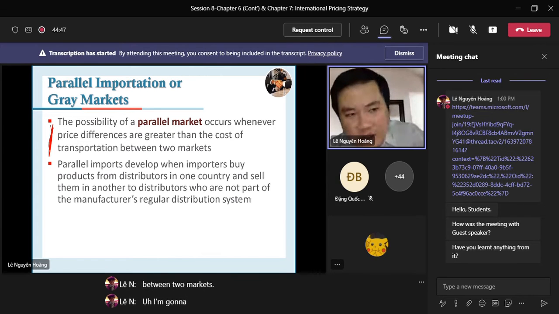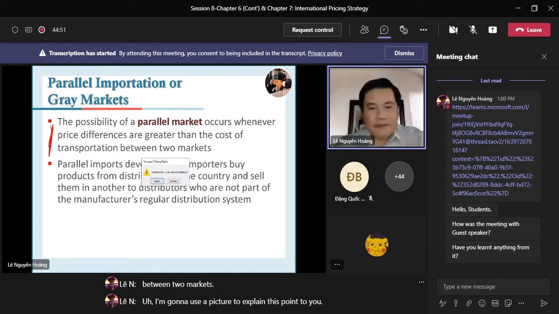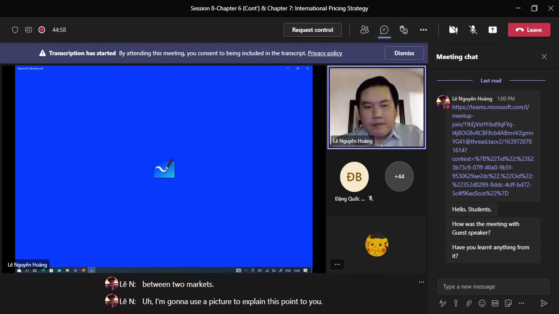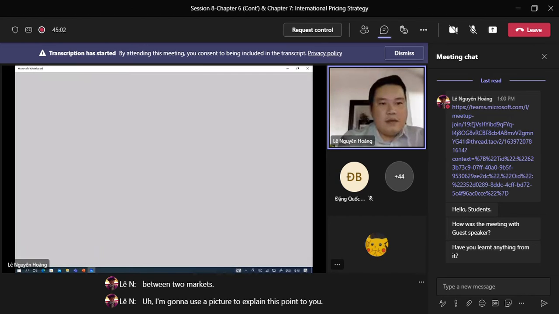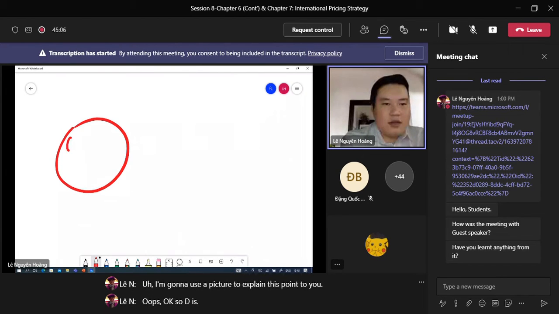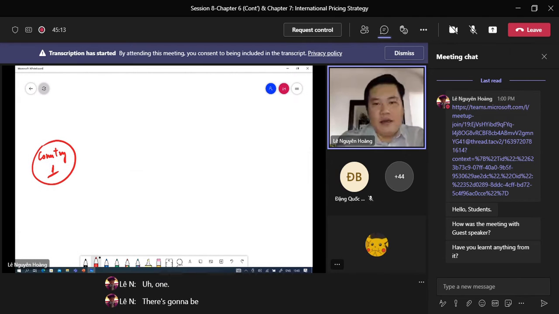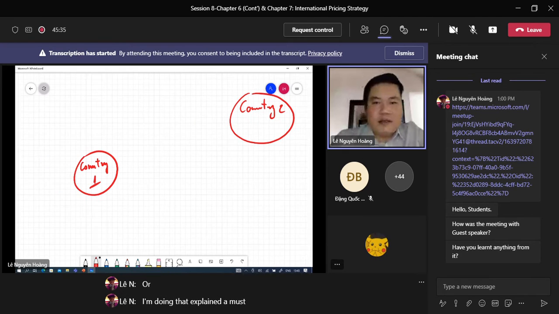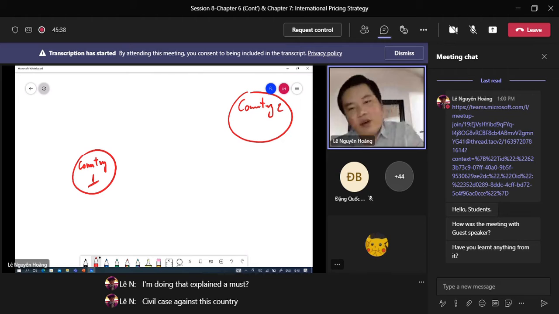I'm gonna use a picture to explain this point to you. Okay, so this is country 1, country 2, and country 3. Or I'm gonna explain a much simpler case: just country 1 and country 2.